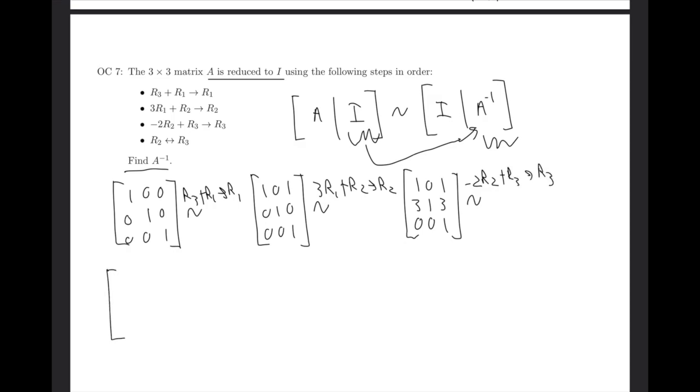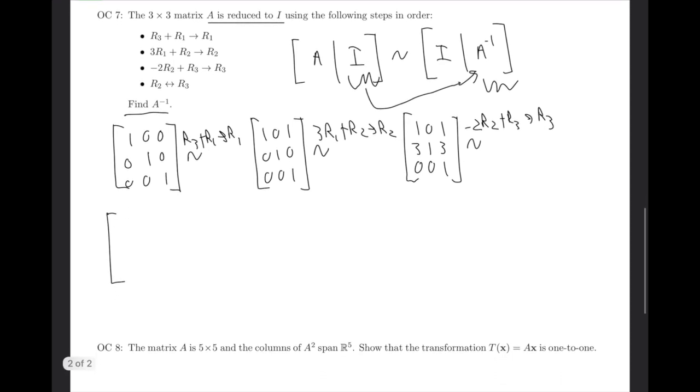What does this do? Negative 2R2. So R2 stays the same. We have 3, 1, 3. R3 is changing, and R1 stays the same. Negative 2 times 3 is negative 6. Negative 2 times 1 is negative 2.